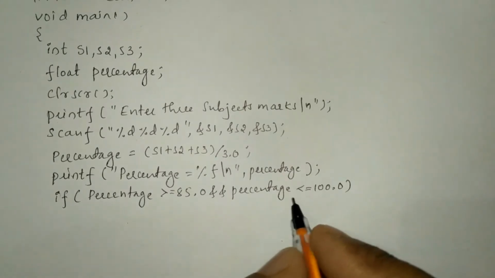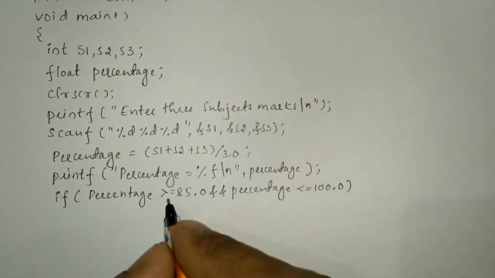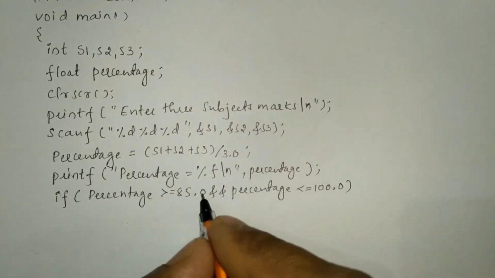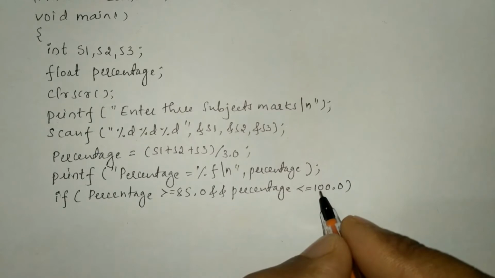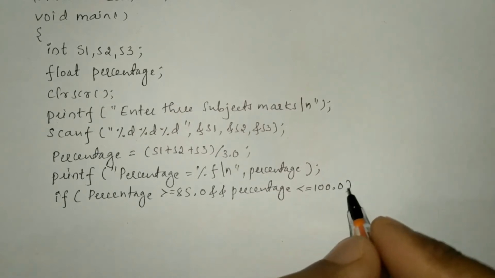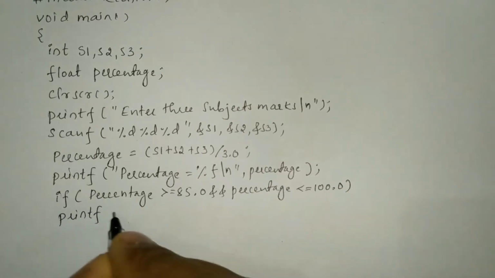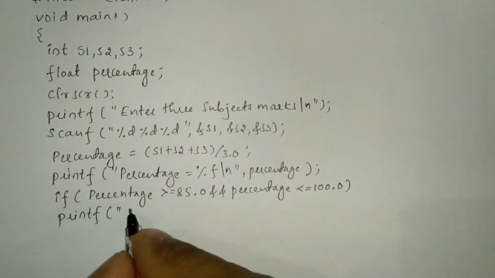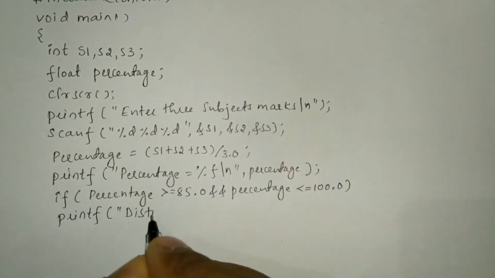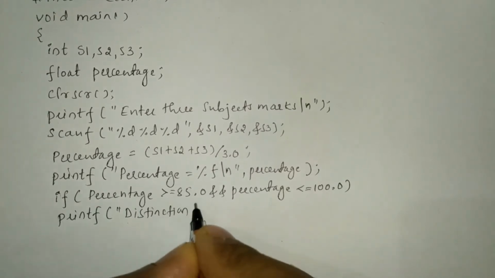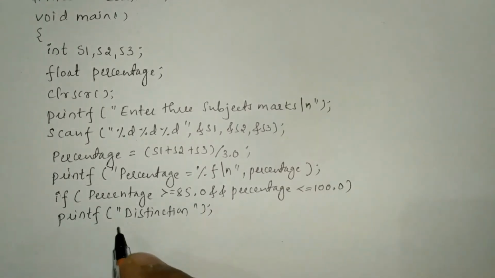For that we have to check the percentage. If it is 85 or above and the percentage is less than or equal to 100, then it should print distinction. So in a printf statement I'm going to write distinction, end the double quotation mark and put semicolon.